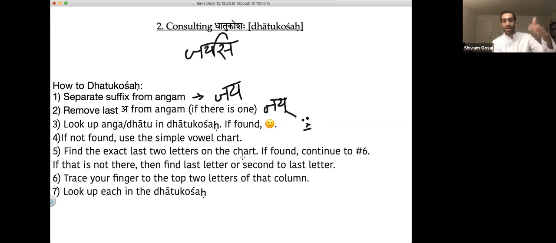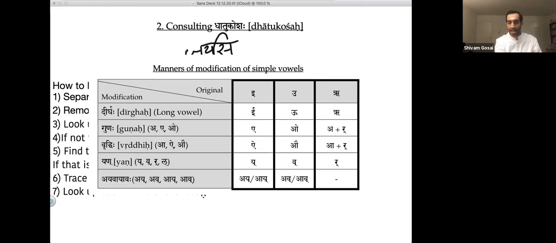Okay, so now we can start writing the rest of these steps on your piece of paper. So number 4, if it's not found, then we use that vowel chart in the book. So let's find the vowel chart. So this chart right here, where we were looking at last time. Okay, this is page 35 of the book.